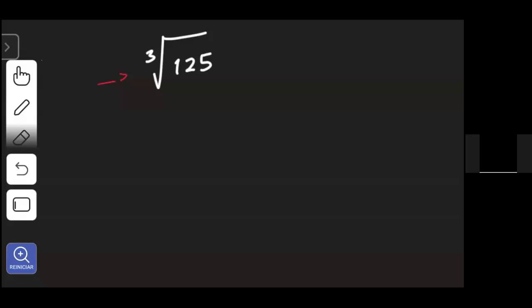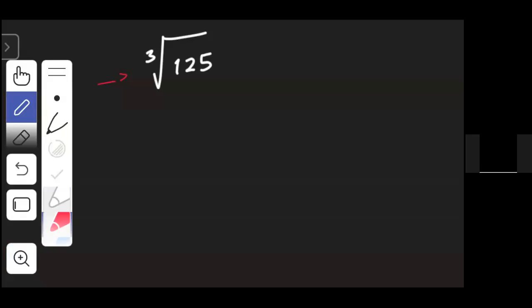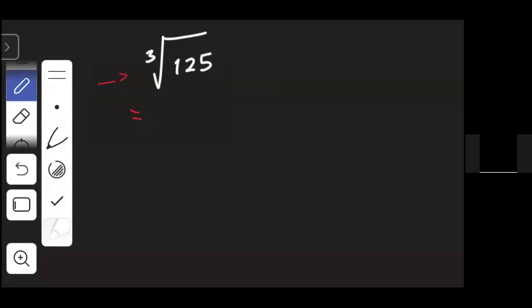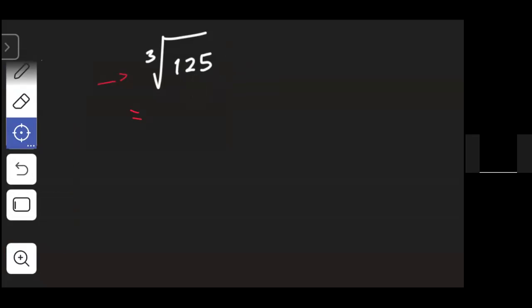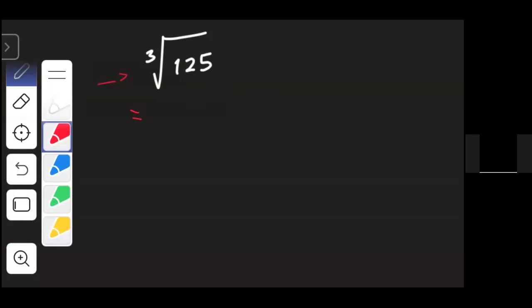Okay, we got the cube root, sorry, of 125. And again, the idea is to simplify this. So you need to think about a number, guys, that you multiply 3 times, and you get 125. So 1 times 1 is 1, 2 times 2 times 2 is 8, 3 times 3 times 3 is 27, 4 times 4 is 16, 16 times 4, I think it is 64, 5 times 5 is 25, times 5 is 125.